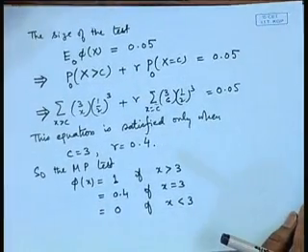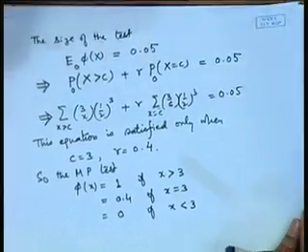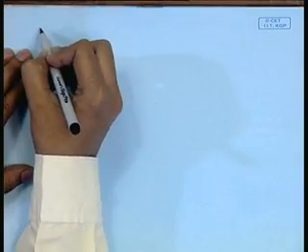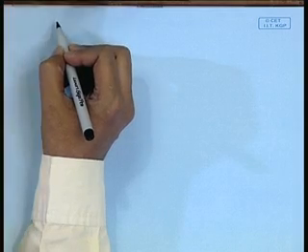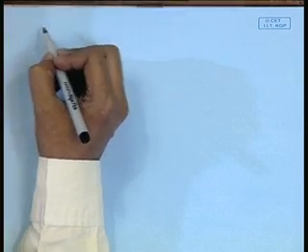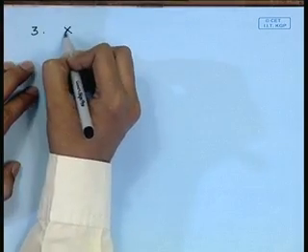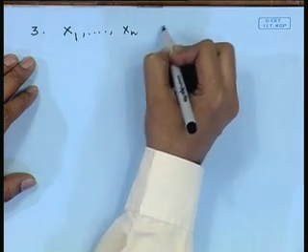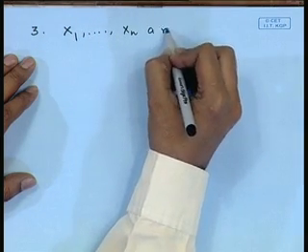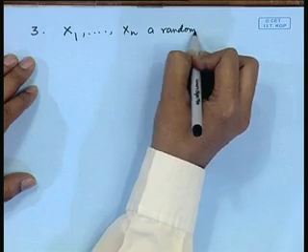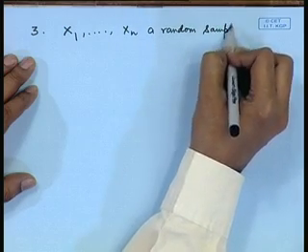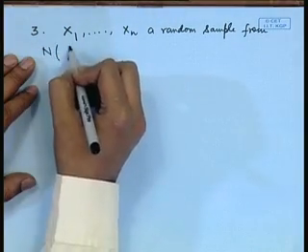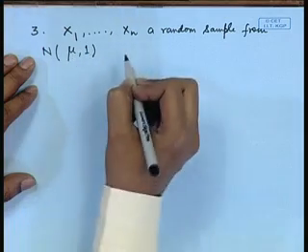Let us look at the applications to the normal distribution here. Consider say X1, X2, ..., Xn, a random sample from say normal distribution with mean μ and variance say unity.